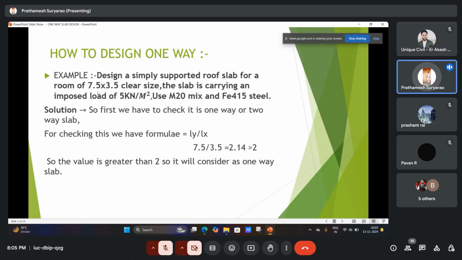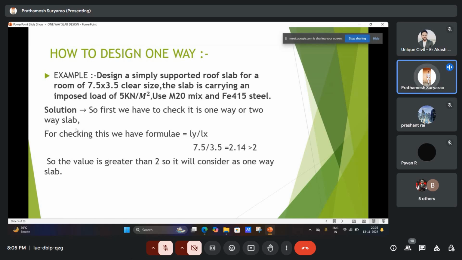So there is a room of clear span 7.5 by 3.5. 7.5 is the longer span and 3.5 is the shorter span. The imposed load is as given in the question, 5 kilonewton per meter square, and we use M20 grade of concrete and Fe415 steel. So let's start our design.